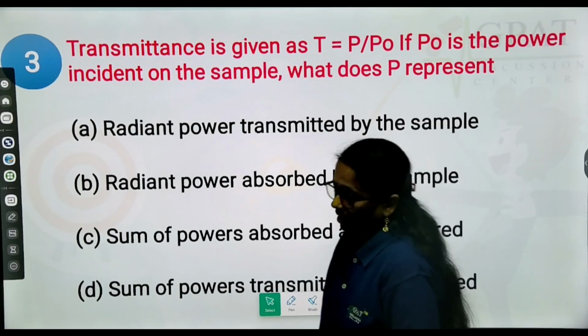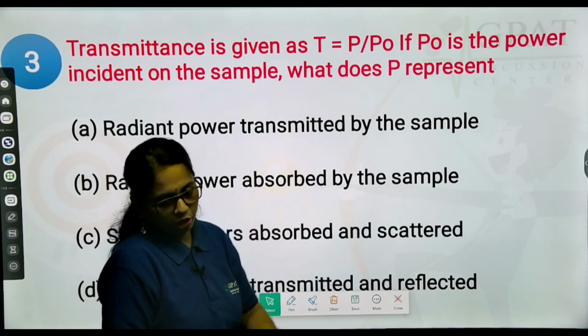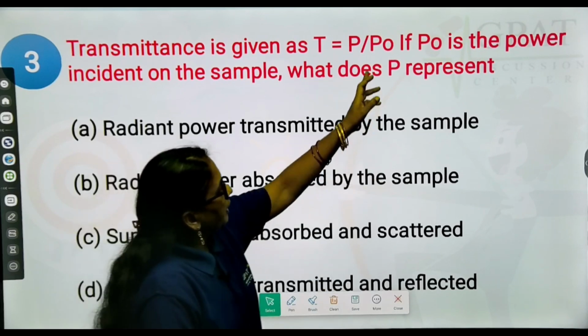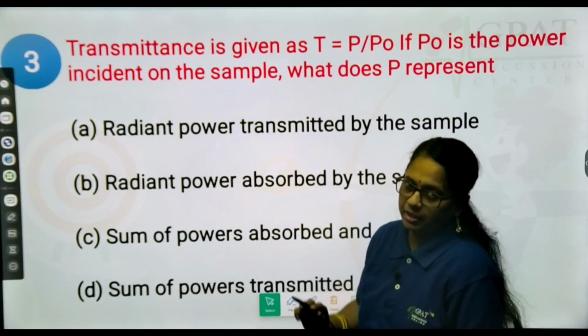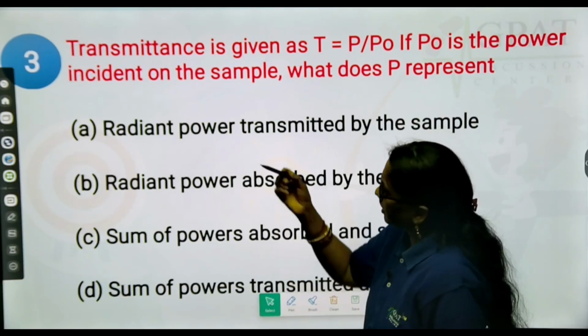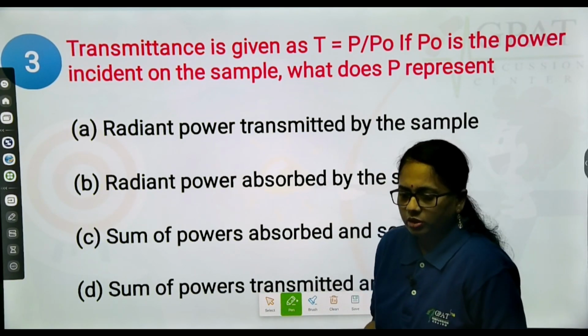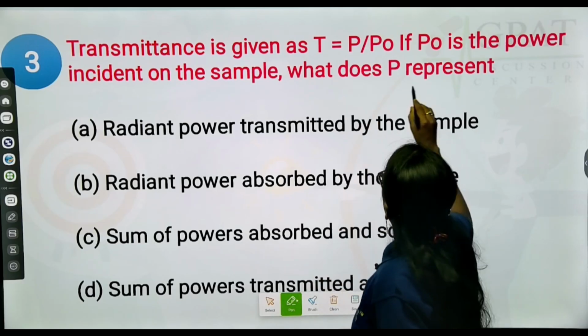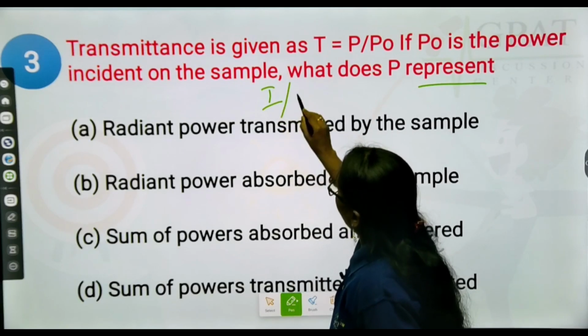Transmittance formula they have given: T equal to P by P naught. That P naught is considered as the power of the incident light on the sample. In some textbooks you are also going to see it as I by I naught.